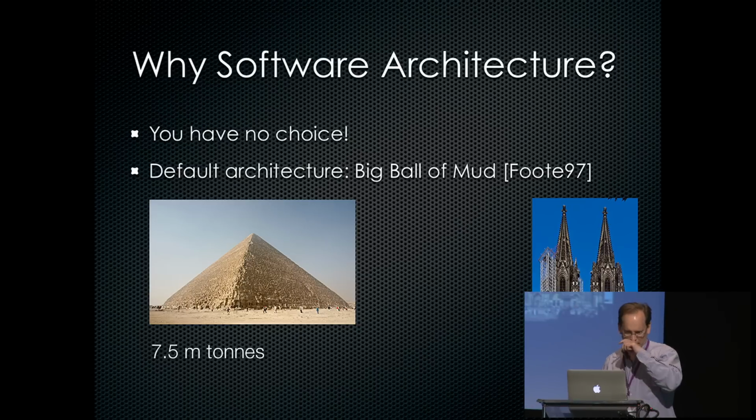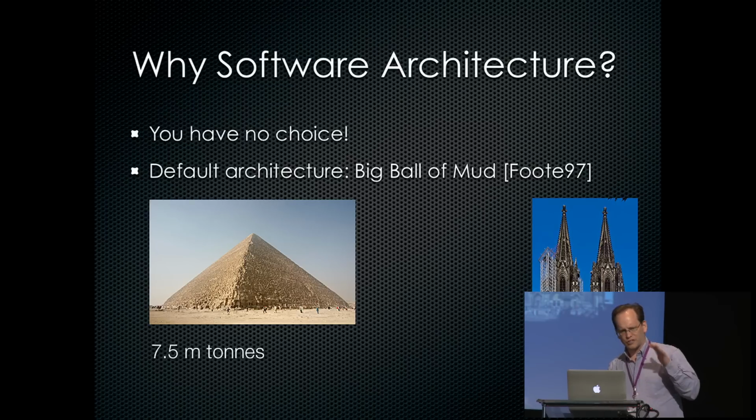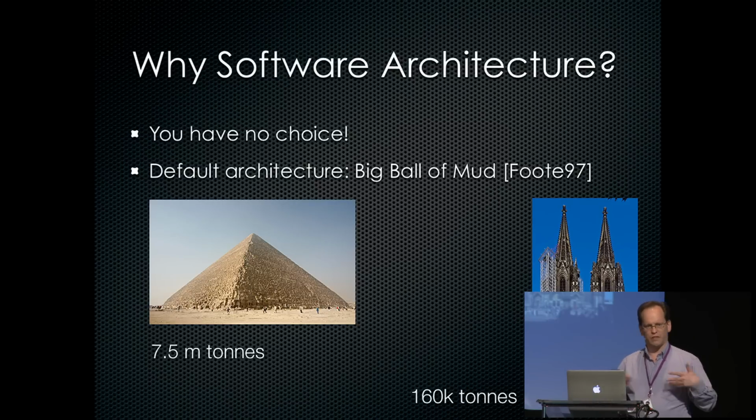And here we have the cathedral in Cologne, my hometown. It's a little higher, 160 meters, and there's a lot more space inside. There's a lot more light, and they used 160,000 tons, right? That's almost a factor 50 less. And what's the difference between these two? Did they have different technology?